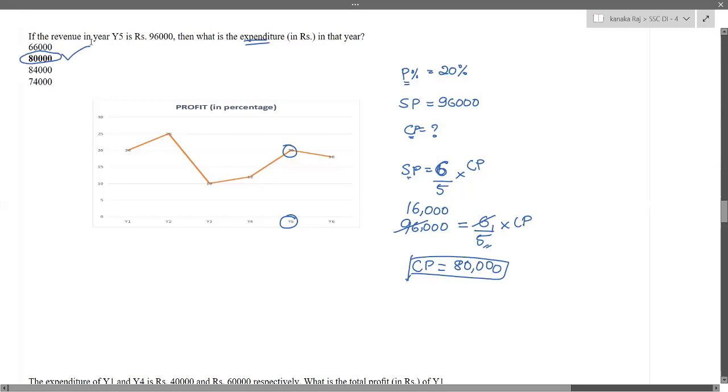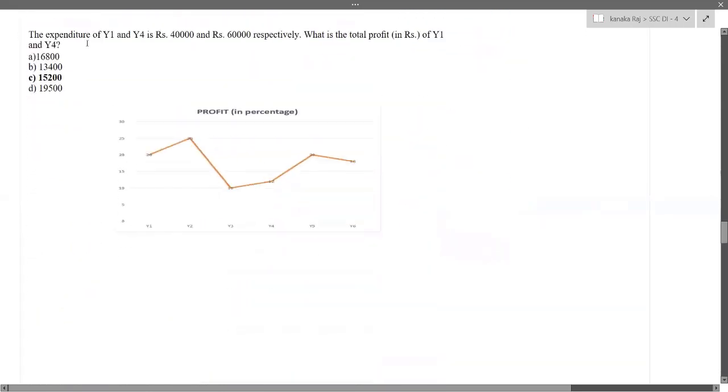So let's move on to the next sub question here. What does it say? Expenditure of Y1 and Y4 is equal to 40,000 and 60,000 respectively. So they've given us for two different years, that is first year and fourth year. So I'll take it down separately. Expenditure meaning cost price.